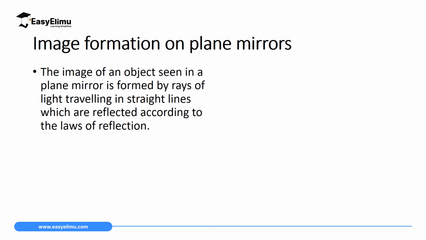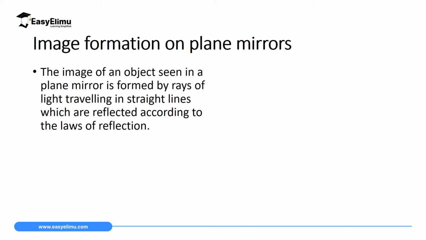The third idea is the laws of reflection: the first law, that the incident ray, the normal, and the reflected ray all lie at the same plane at the point of incidence, and the second law, that the angle of incidence is equal to the angle of reflection. Now, if you have the three ideas, then it will be very easy for you to form an image on a plane mirror.